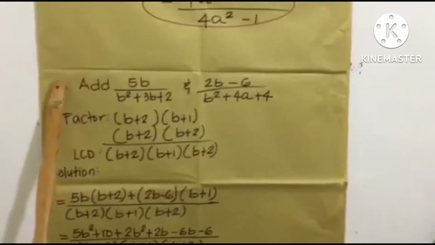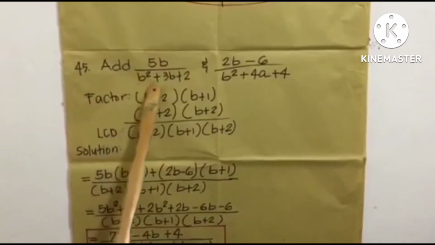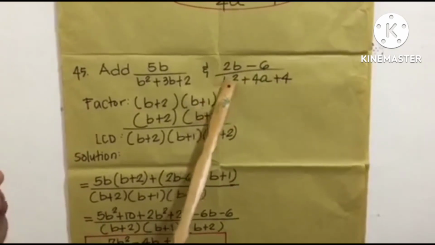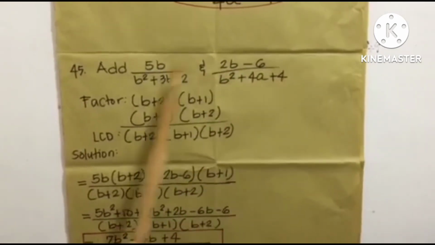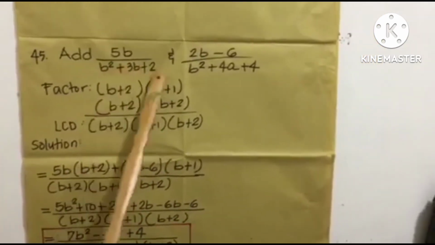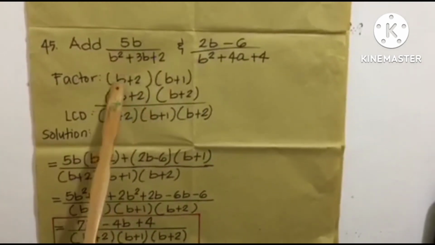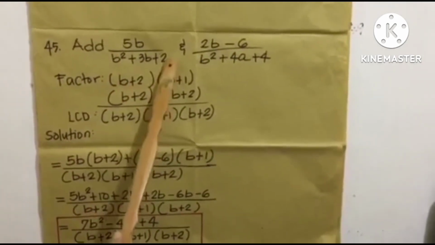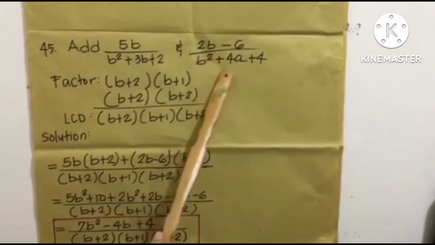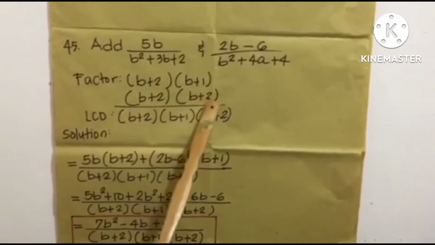Next, 45. Add 5b over b squared plus 3b plus 2 and 2b minus 6 over b squared plus 4b plus 4. Since we add, this is addition, so factor first the denominators. b squared plus 3b plus 2: the factors are b plus 2 and b plus 1. And b squared plus 4b plus 4: the factor is b plus 2, b plus 2.